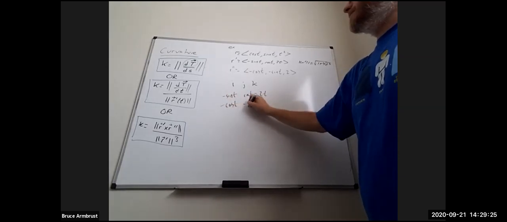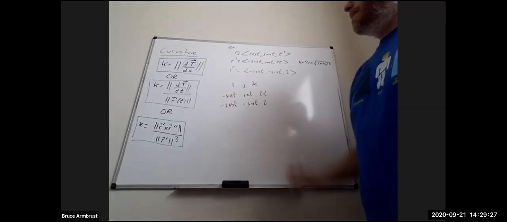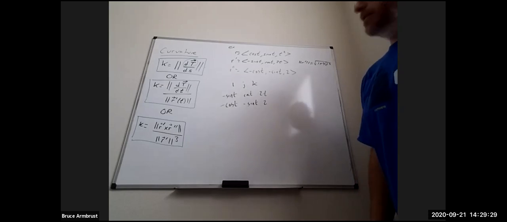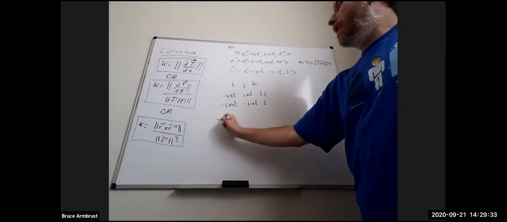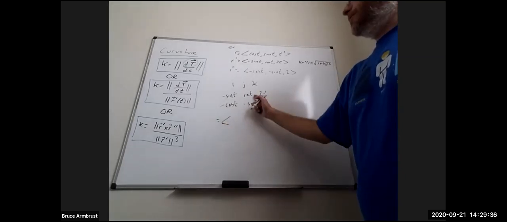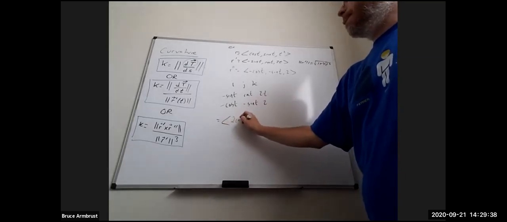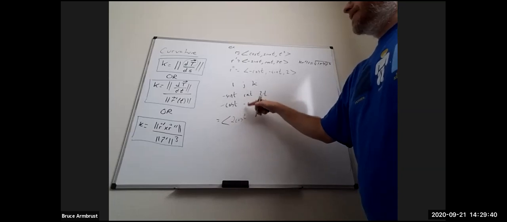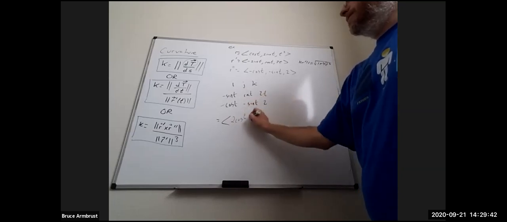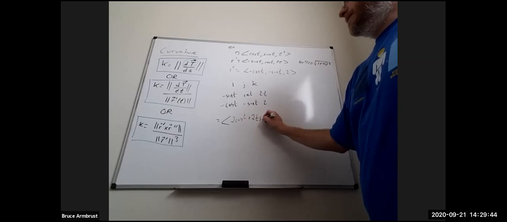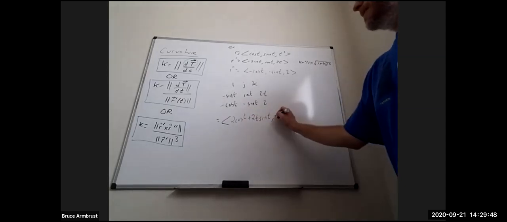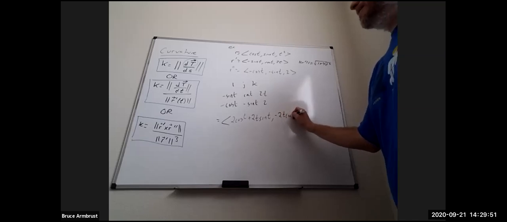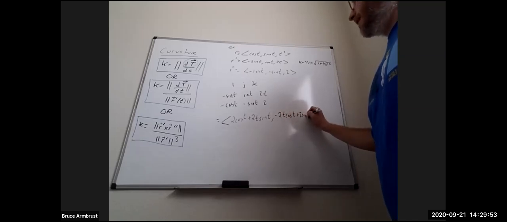Now, not only is this doable, it's going to be a little bit faster. So in terms of components, we're going to get 2 cosine minus a negative 2t sine, so plus 2t sine. That's our i component. Our j component is going to be minus 2 cosine plus 2 sine.